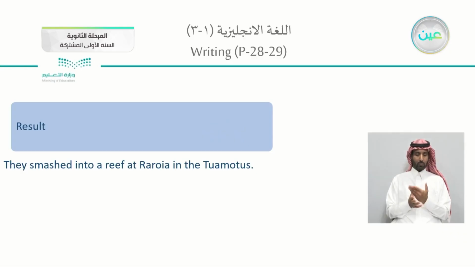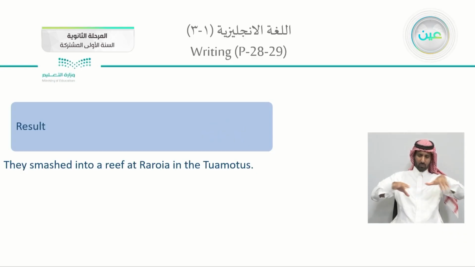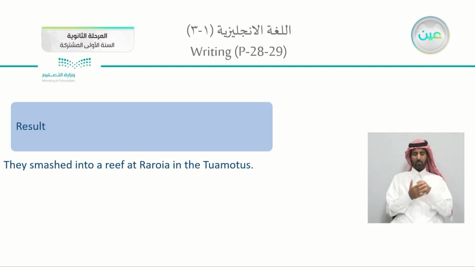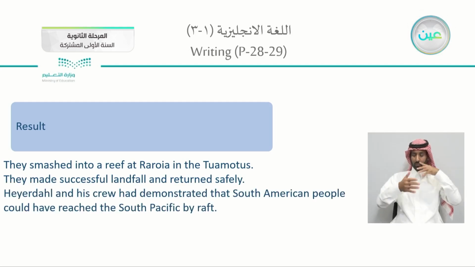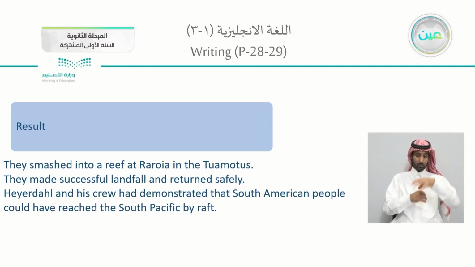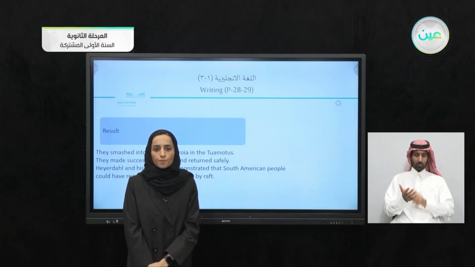They smashed into a reef at Raroia in the Tuamotus, but they made a successful landfall and returned safely. Heyerdahl and his crew had demonstrated that South American people could have reached the South Pacific by raft. So they got there, they were safe, and they proved their point.